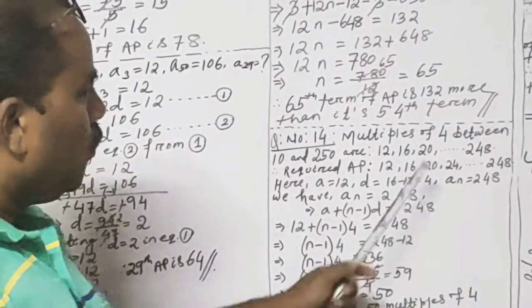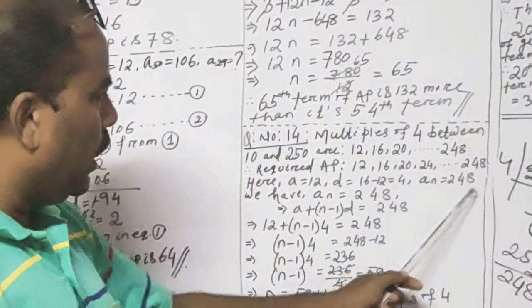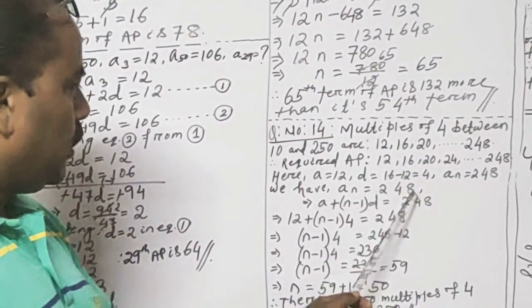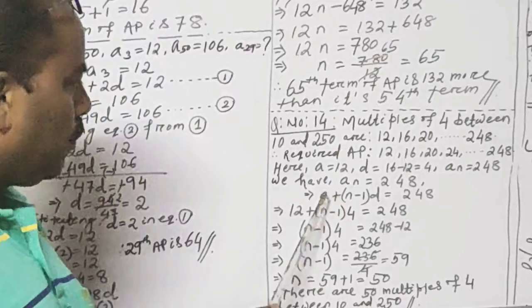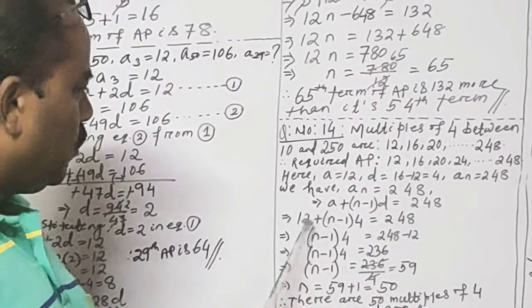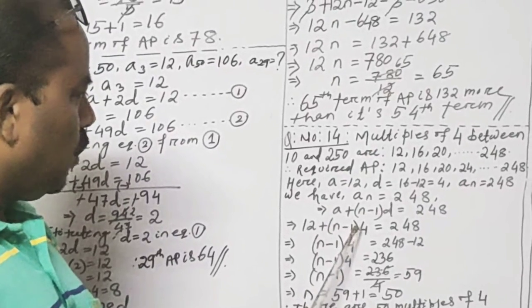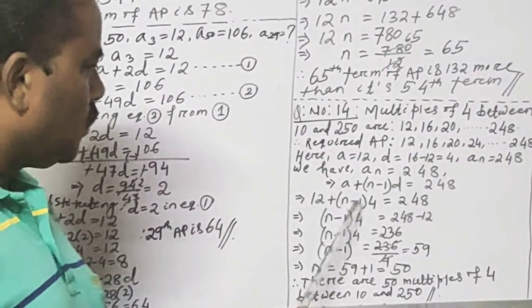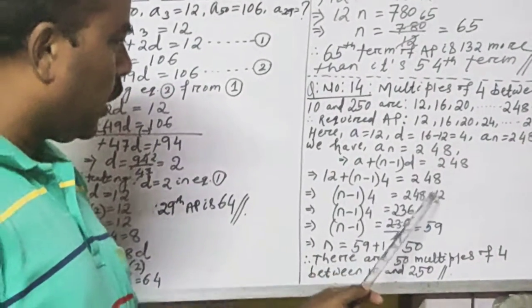To find n, we take the an formula. We have an is equal to 248. The an formula is a plus n minus 1 into d, equal to 248. It implies the a value is 12 plus n minus 1 into the d value, which is 4, equal to 248. Then n minus 1 into 4, 12 is subtracted there.